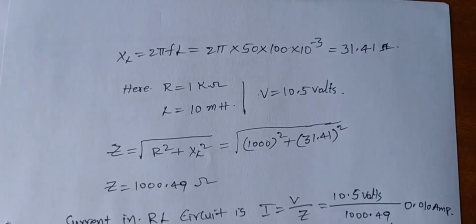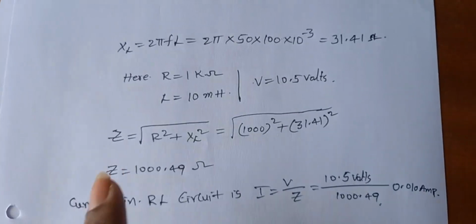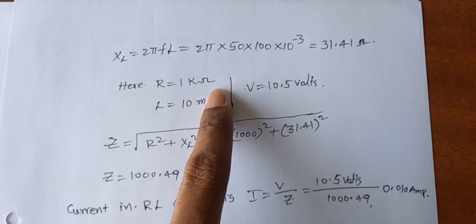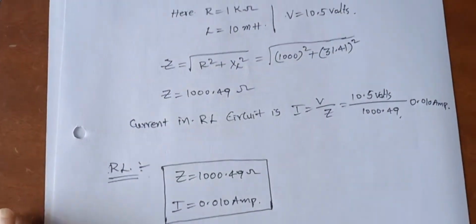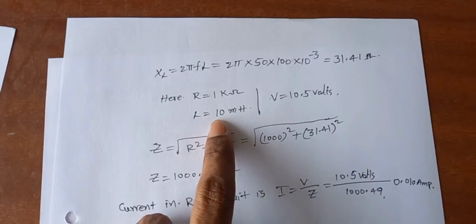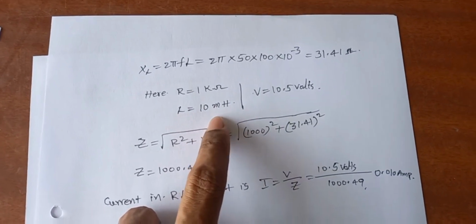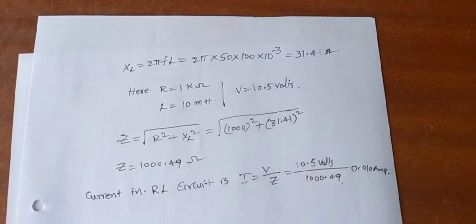Reactance units are ohms. Already we know the resistance value is 1 kilo ohm in the circuit. Here the inductance is written as 10 millihenries, but this is not 10 millihenries actually; it is 100 millihenries.